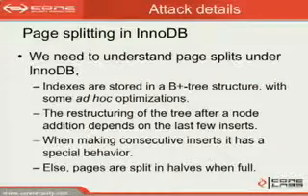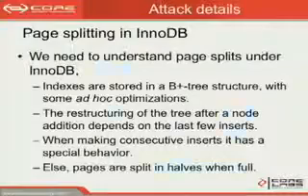Then there's no use in splitting this node in two, since you can store no other values between 256, which is the last value on the left half, and 257, which is the first value on the right half. So in that case, it makes sense not to split the node in two, and that's what InnoDB does.